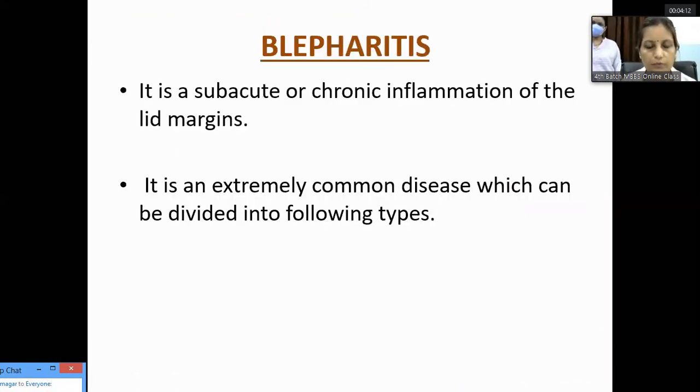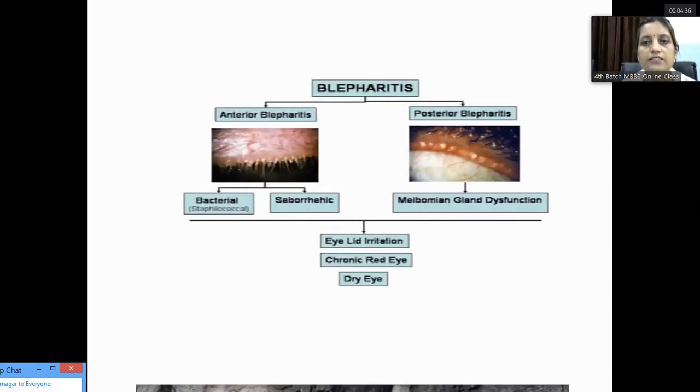Coming to the most common condition of the eyelid, blepharitis. We frequently come across it in our day-to-day practice. So what is blepharitis? It is an acute, subacute or chronic inflammation of the lid margin. It is an extremely common disease which can be divided into the following types: anterior blepharitis, that is the anterior lid margin, and posterior blepharitis, which is the posterior lid margin.